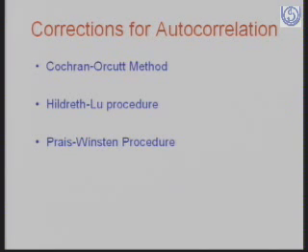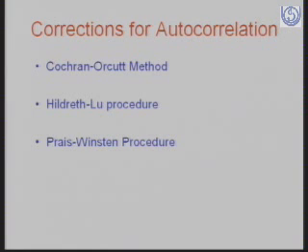When you have a very high R-square value and low t values, you can judge that there could be the possibility of autocorrelation. Then we gave a particular test statistic, the Durbin-Watson test statistic, through which you can test the presence of autocorrelation. Then we suggested some remedial measures, some methods, to rectify the presence of autocorrelation.